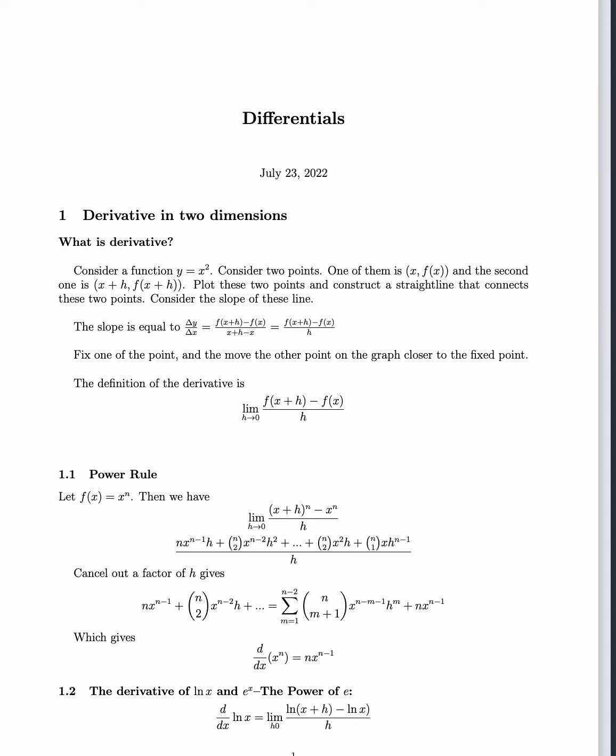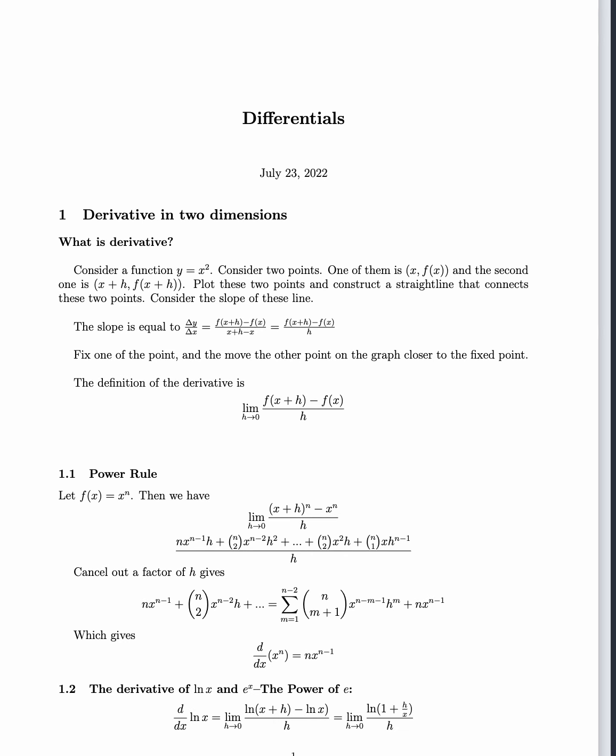Right, so how does this give us some insight on how to prove it? Then we're going to write it as the limit as h approaches 0 of 1 over h times ln of 1 plus h over x, which is ln of 1 plus h over x to the 1 over h power.